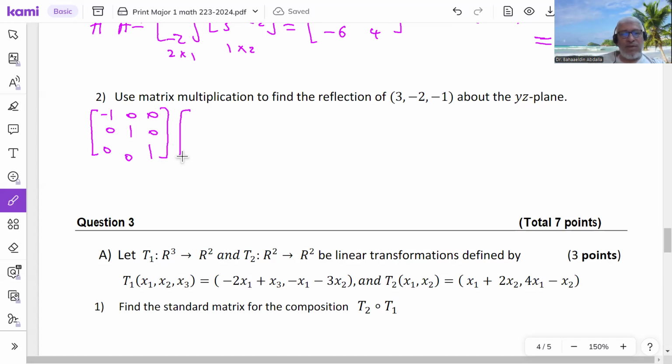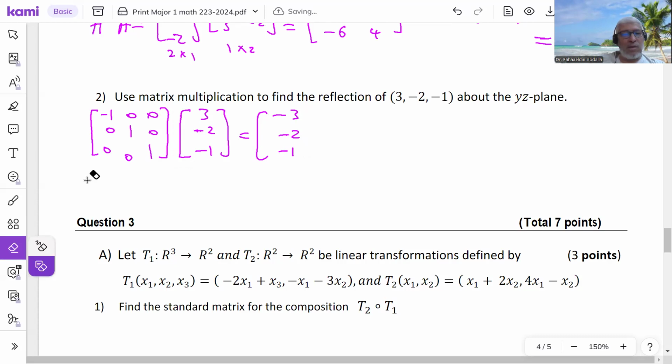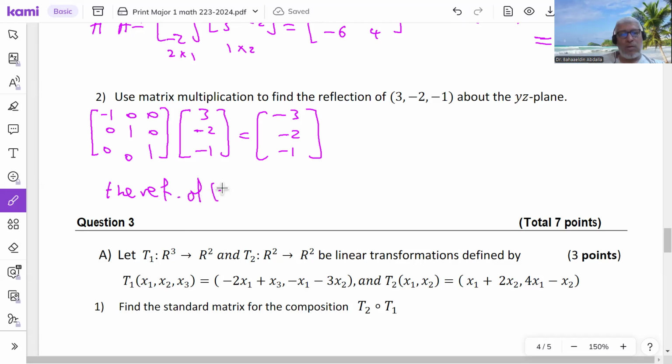So we multiply this matrix, the standard matrix of this reflection, by the points, and we will get -3, -2, -1. So in fact, the reflection of this point about the YZ plane is the point -3, -2, and -1.